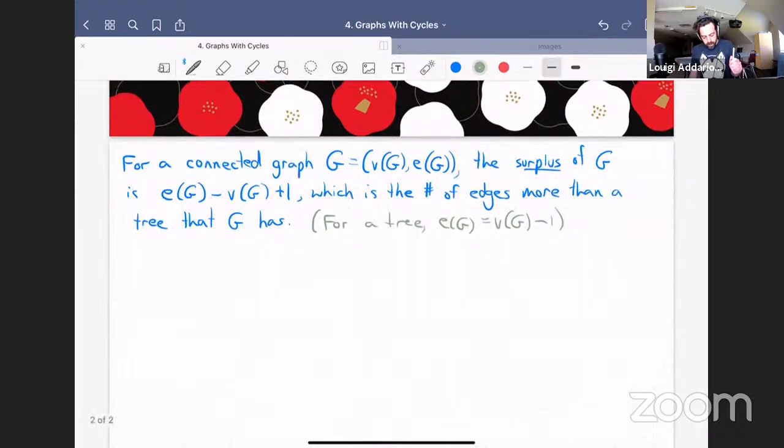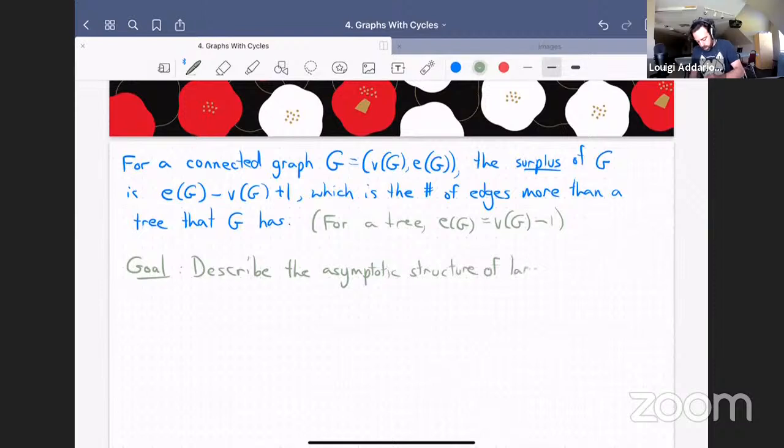We'll be interested in this section in describing the asymptotic structure of large random graphs with fixed surplus.